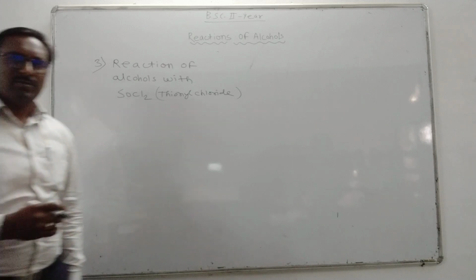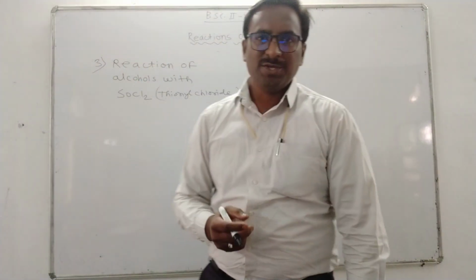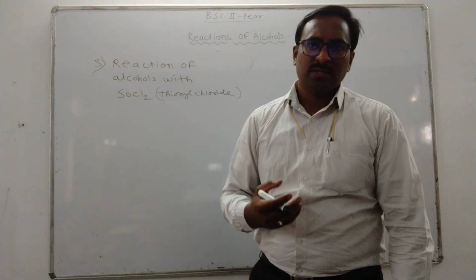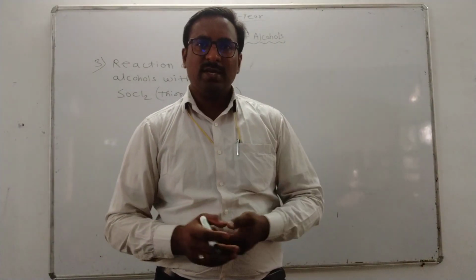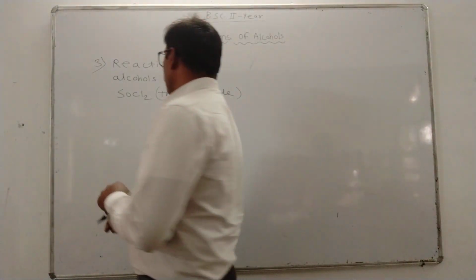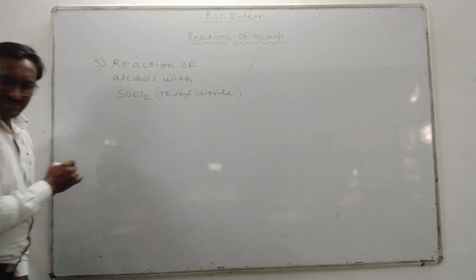When alcohol reacts with thionyl chloride, there is formation of alkyl halide and sulfur dioxide gas, and HCl is liberated in the gaseous form. Let us discuss the general reaction.